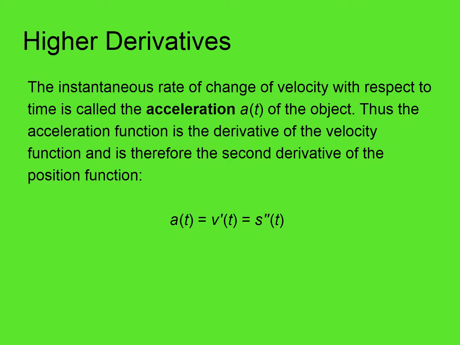But now we're going to talk about the derivative of the derivative of position. That is the derivative of velocity. Well, that's acceleration. The instantaneous rate of change of velocity with respect to time is called the acceleration a of t of the object. Thus, the acceleration function is the derivative of the velocity function, and is therefore the second derivative of the position function.